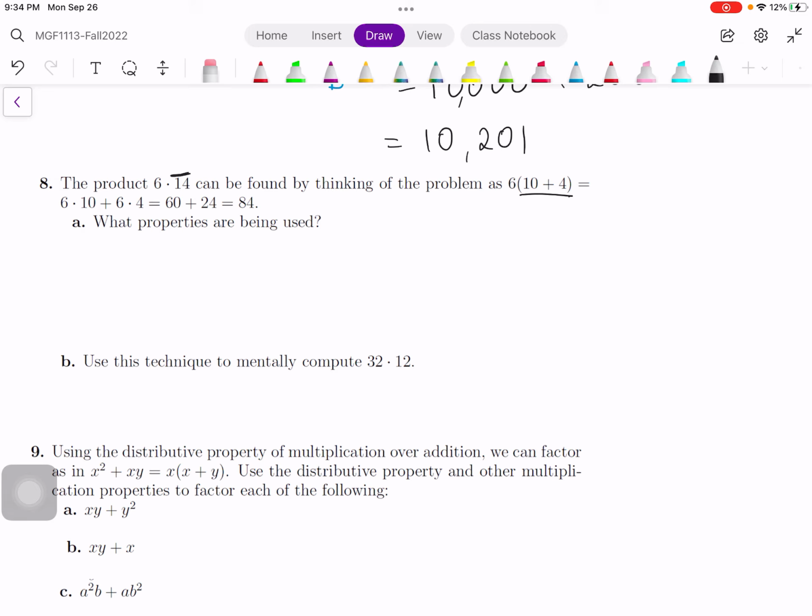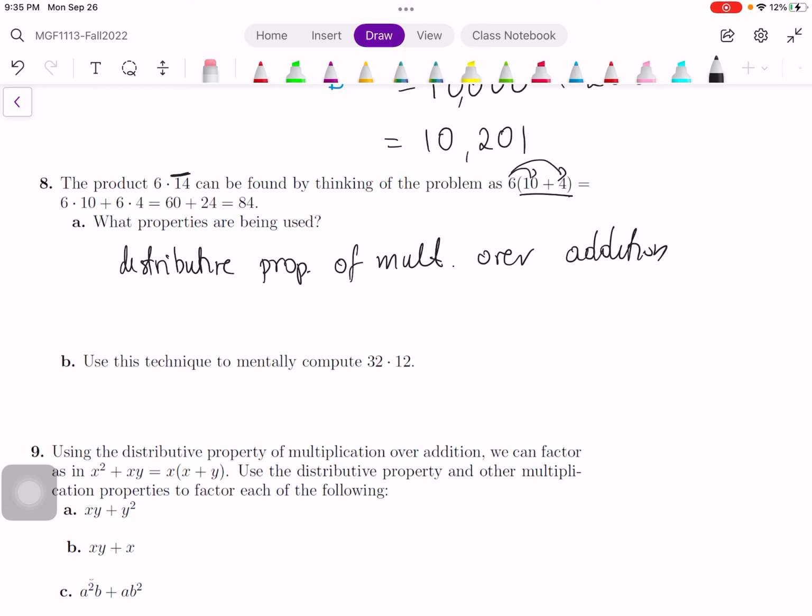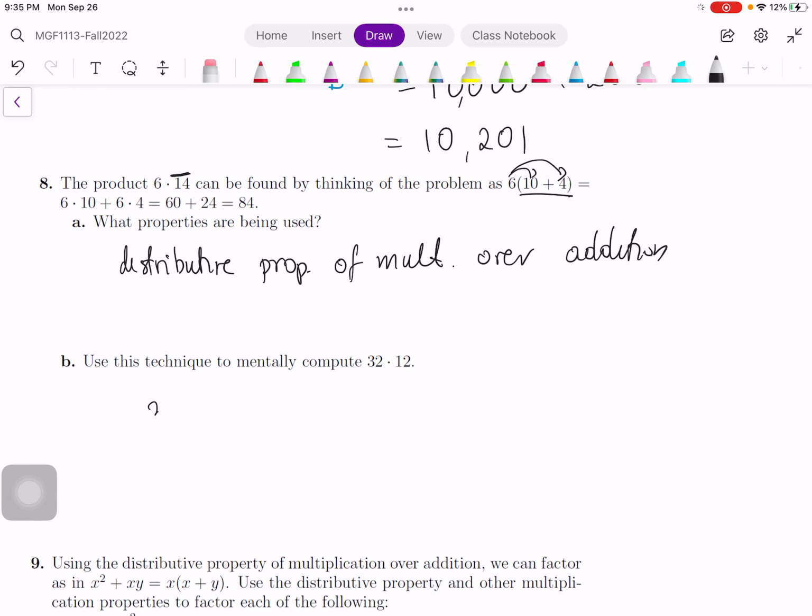And what properties are used here? Well, distributive property of multiplication over addition, right? This is the property that was used here. Okay, so use this technique of mental compute to do 32 times 12. So again, I want to use this distributive property over addition.